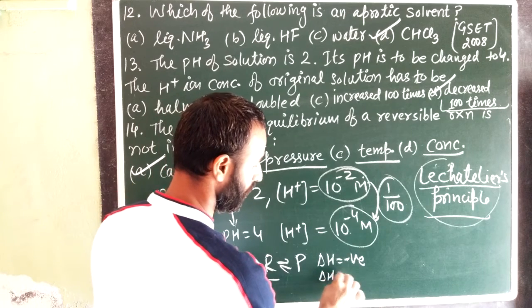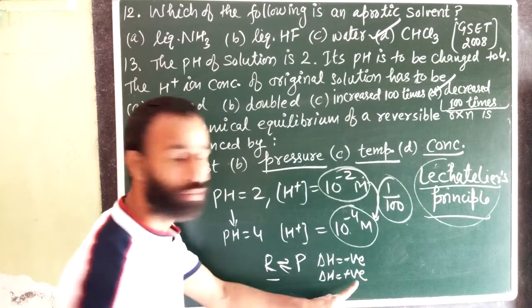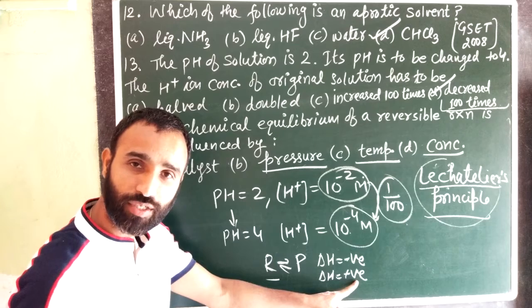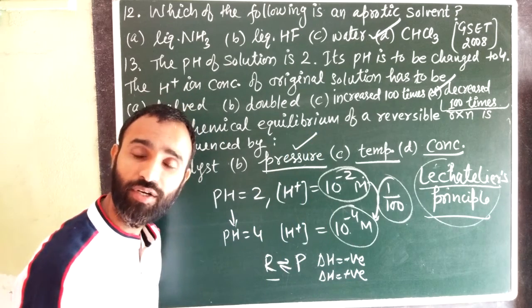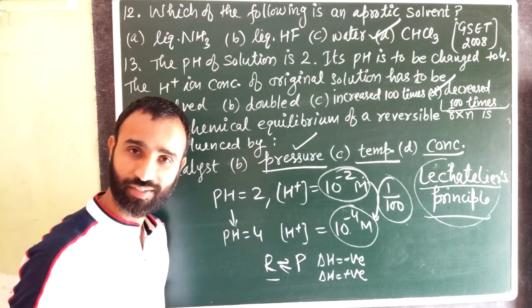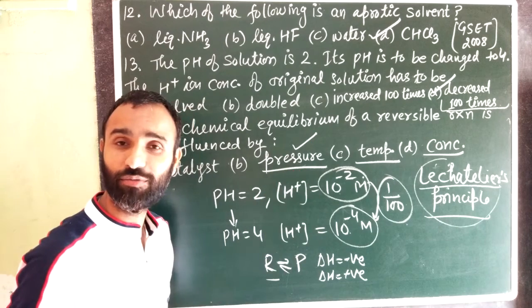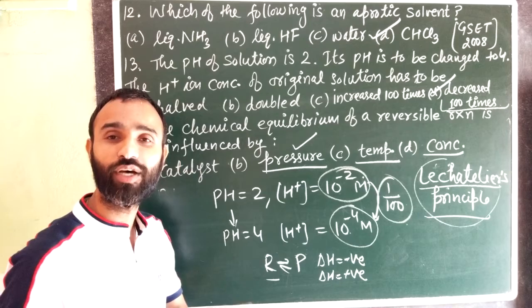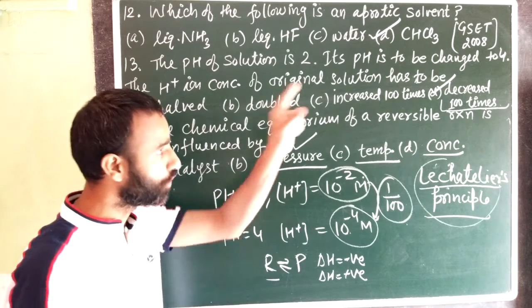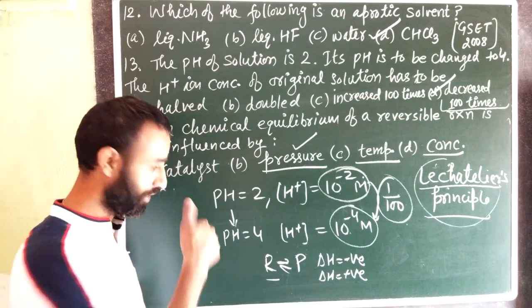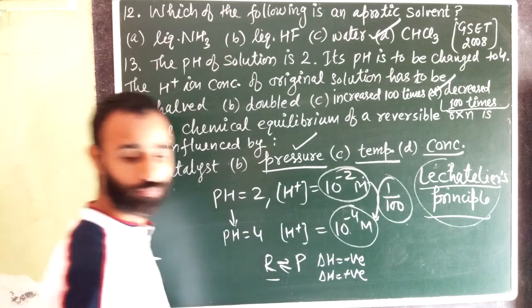If it is endothermic, it is favored by increase in temperature. Then increase in pressure favors that side where gaseous moles are less. Decrease in pressure favors that side where gaseous moles are more. Okay, so this is about GSET 8 questions. Now just note down.